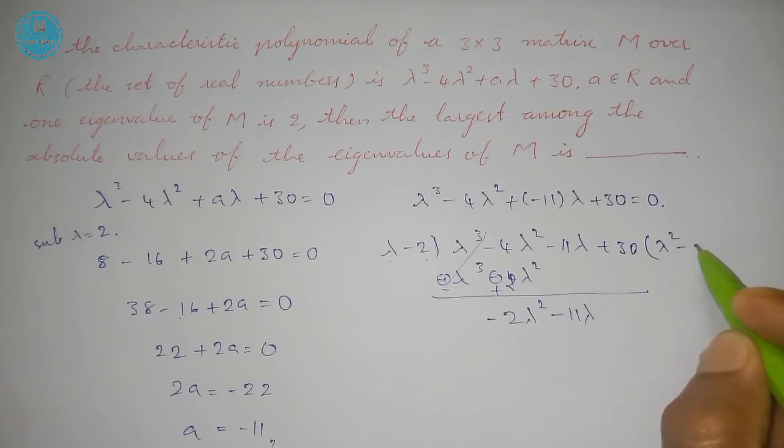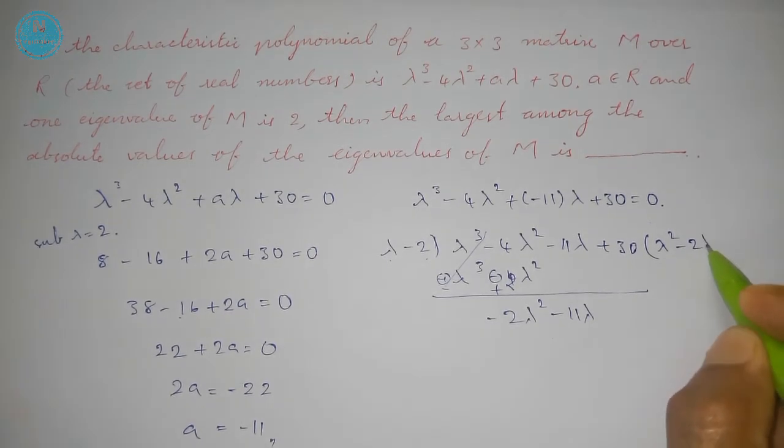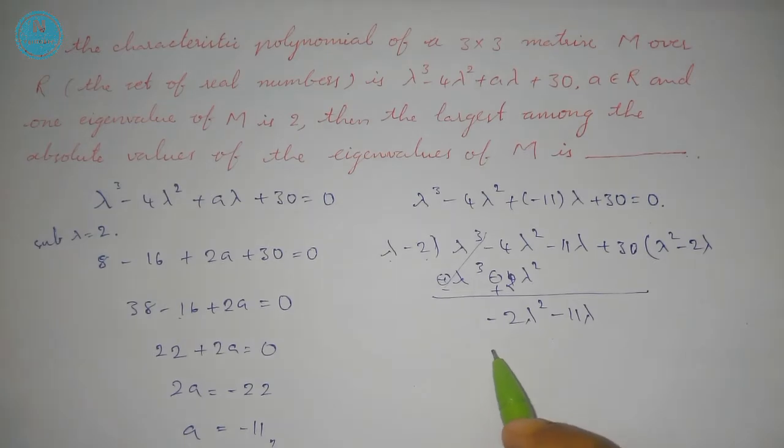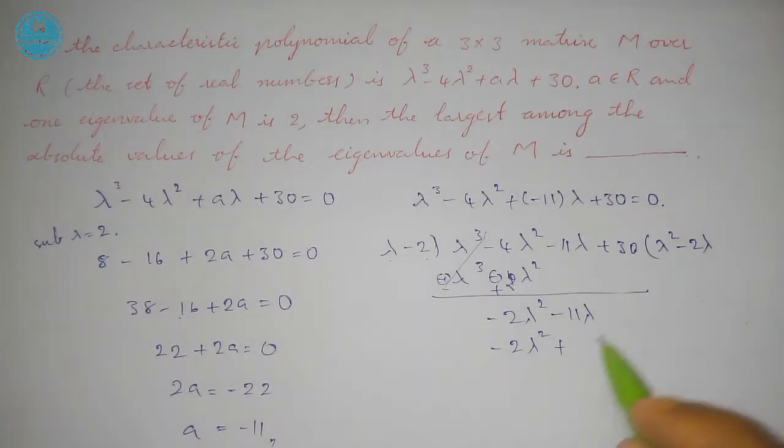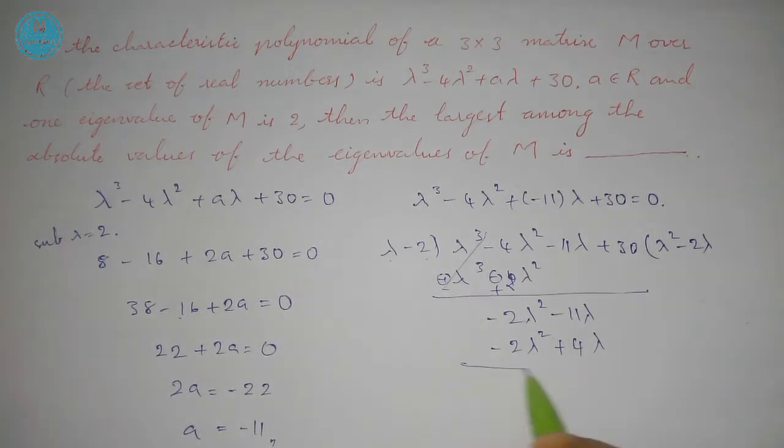We need to multiply with minus 2 lambda, so minus 2 lambda square, minus into minus plus 4 lambda.